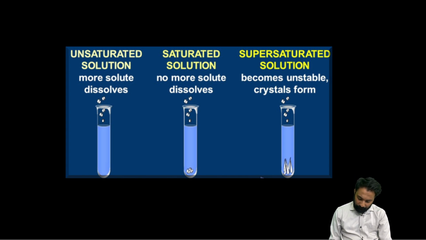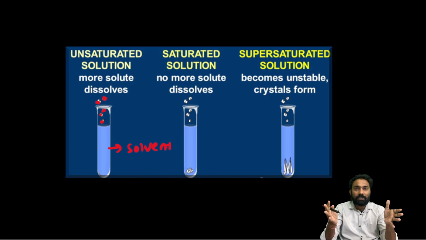First is the unsaturated solution. What is the meaning of an unsaturated solution? Here this is our solvent, and here I have taken a solute. Solute means the one which is present in a lesser amount in the solution, and the one present in a larger amount is called the solvent.